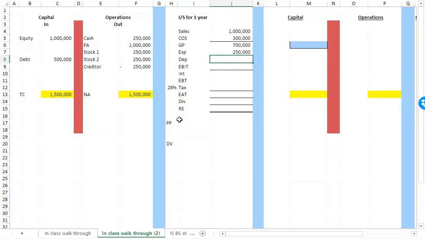So here I want to ask myself, this printing press, how long is it likely to be operational in the business? We might have some knowledge of that, but more importantly, we need to go and find out some information from SARS, the tax authority, on what they recommend the depreciation time for a printing press should be.